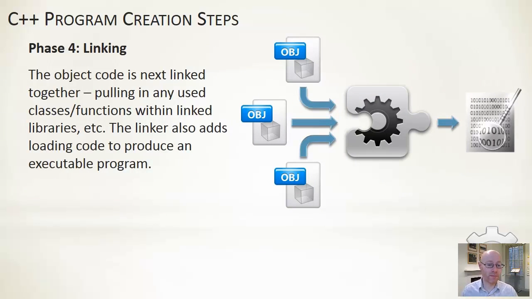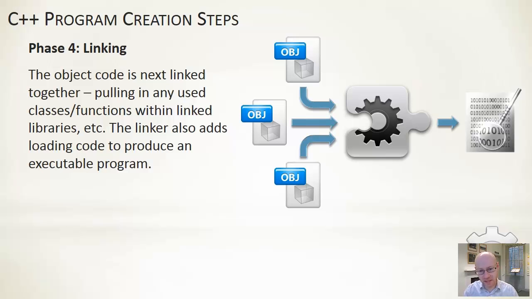Phase 4 happens after compilation, so every single CPP file has been turned into an object file. They're independent standalone files, not yet an executable at this point. So the process of linking takes all of these different object files, and if you reference third-party libraries, takes their object files as well, and packages them all together into a single executable.